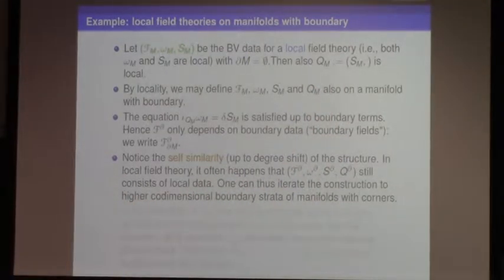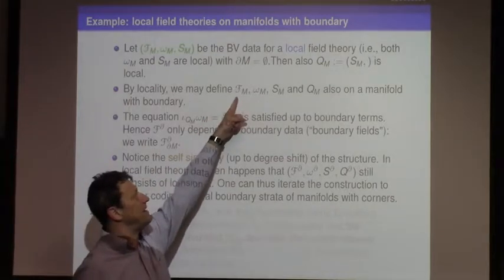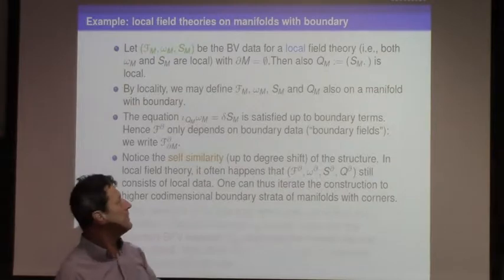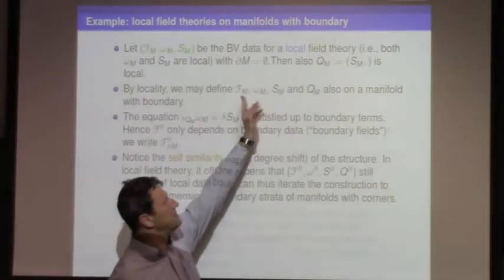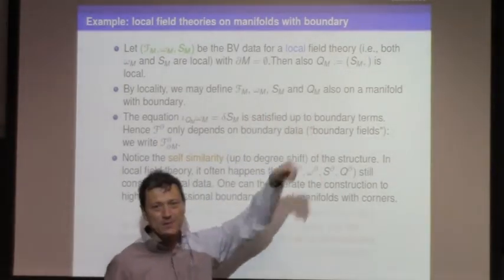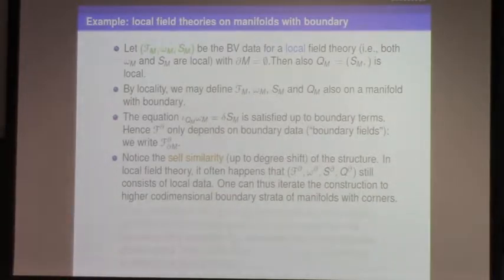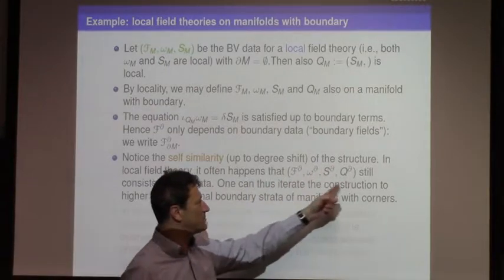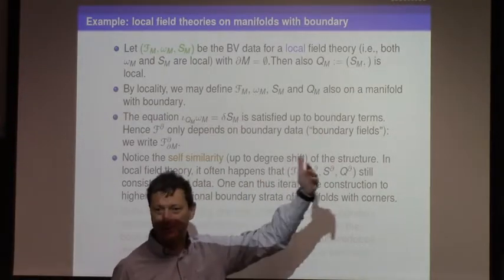So then if you have a manifold with boundary, you just take the definition which works in most examples: define F_M by essentially the same definition but applied to a manifold with boundary, and you use the same definition for omega, S, and Q. The problem now is that S is no longer the Hamiltonian function for Q because of boundary terms. And then you just apply the construction, and you construct this quadruple F boundary, omega boundary, S boundary, Q boundary.